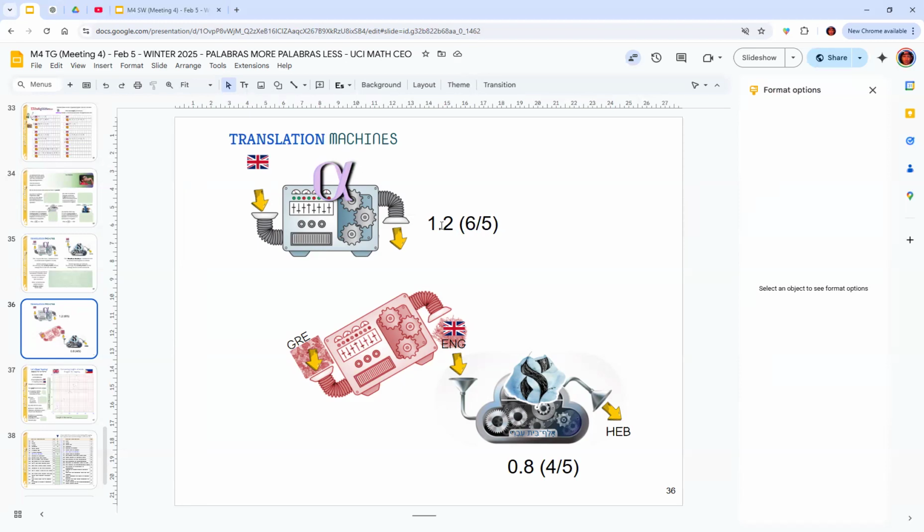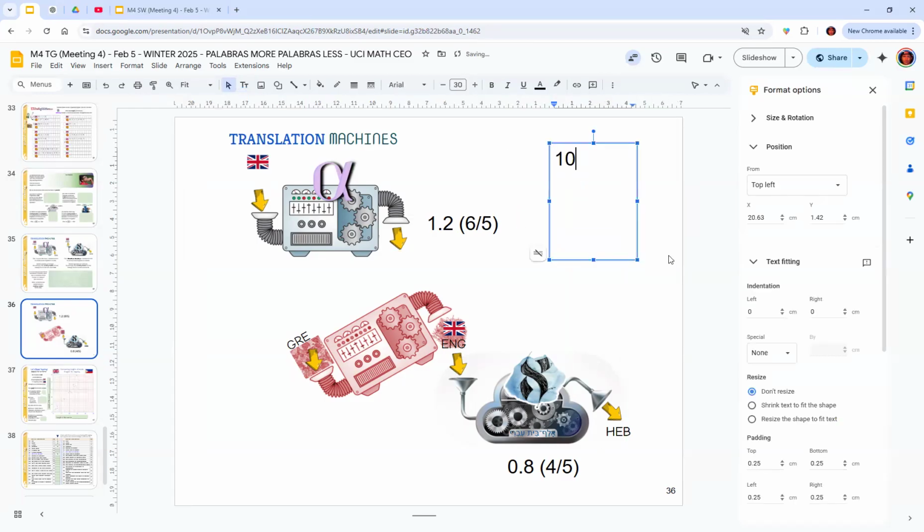And that's very interesting in relative growth. The inverse of increasing 20%, to go back, is not decreasing 20%, right? Let's make an example. If I have a word that's length 10 and I increase it by 20%, then now the length is 12.